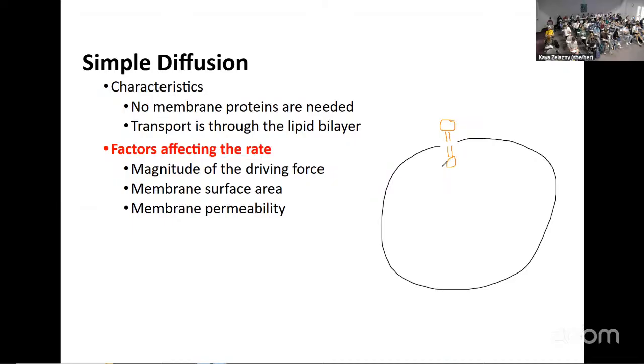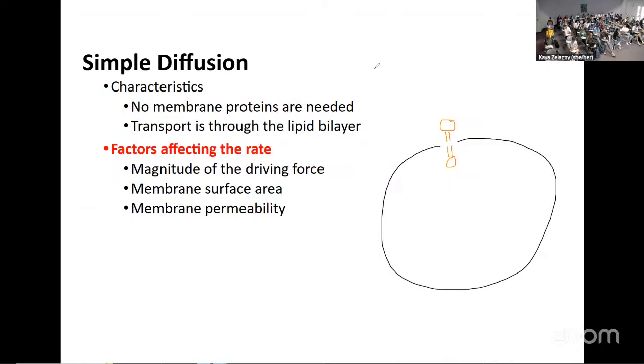So in simple diffusion, we're going to be thinking about something that can go through that lipid bilayer. So we're already thinking of things that are nonpolar, potentially other lipids, maybe a nonpolar gas. So oxygen would be an example here, or a fatty acid might be an example of something that's capable of crossing, right? So the membrane is going to be permeable to oxygen.